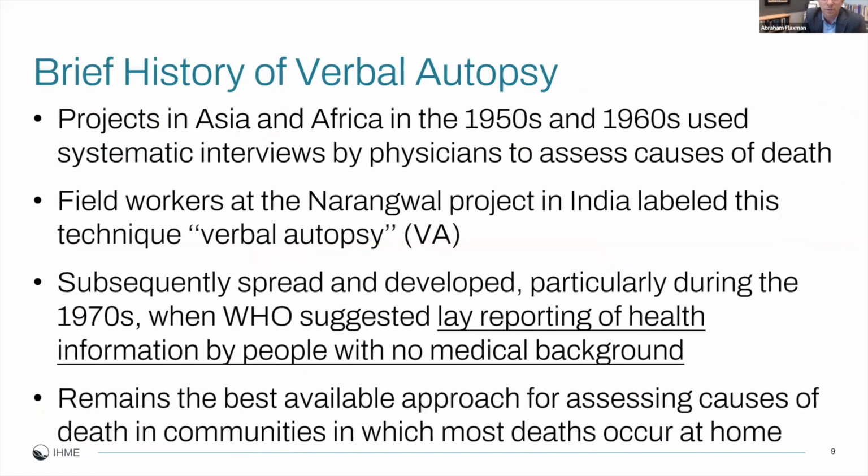This is not a new approach, and it goes back to the 1950s and 60s. It was named by a group of field workers working on it in India, and it really came to global prominence when a report in the 1970s from the WHO suggested that lay reporting of health information by people with no medical background could be a way to find out what people were dying of. 50 years later, it remains one of the best available approaches for assessing causes of death in communities where most of the deaths occur outside of hospitals.